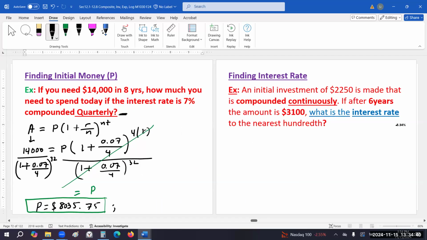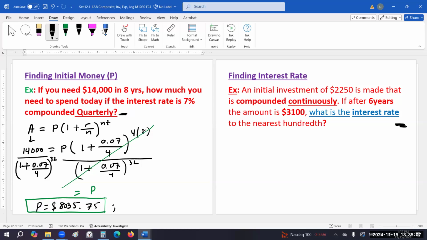Okay, the next type. Interest rate is missing. Find out how much you want to bargain with the bank to give you the interest rate. So we have an initial amount 2250. We want that money to become 3,100 in 6 years.